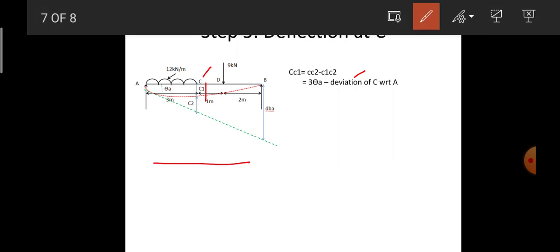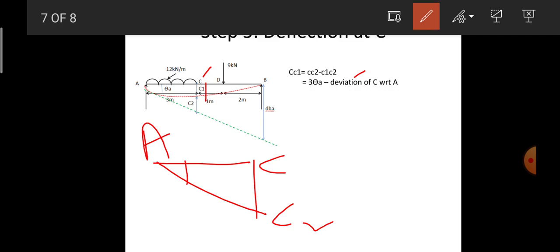If I project here, this is CC2, this is A, and this is theta A, and this span is equal to 3 meters.